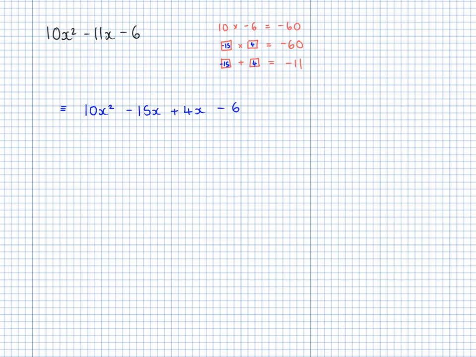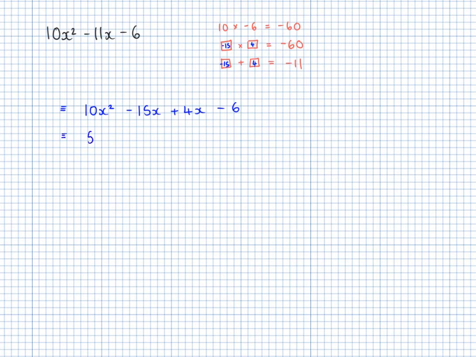Okay, so notice how I haven't really changed the expression, the value of it. It's still an equivalent expression. It's just that I've written take away 15x, add 4x, which makes taking away 11x. Okay, so again, we're going to be factorizing these two parts here and then these parts here separately. So let's do that.